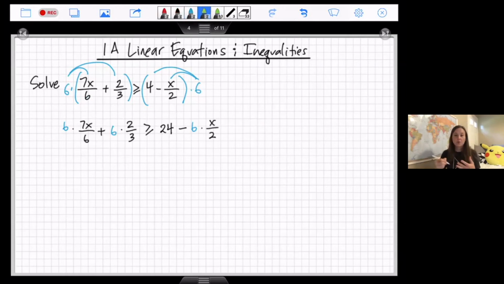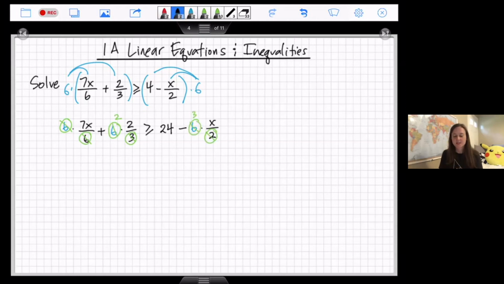Then we go through and reduce all those denominators. The 6's just cancel each other out, equals 1. We don't even need to write that. The 3 and the 6 reduce to 2. And over on the right, 2 divides evenly into 6 3 times.